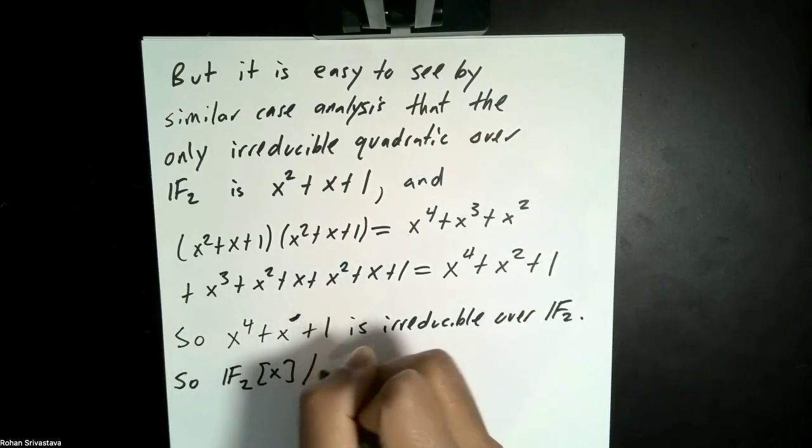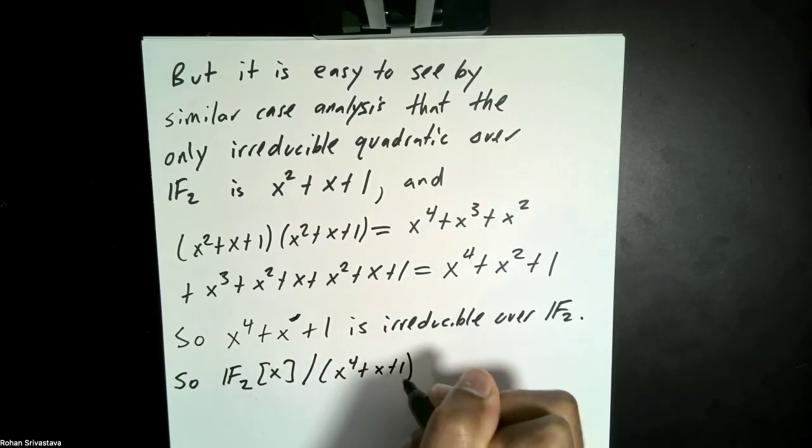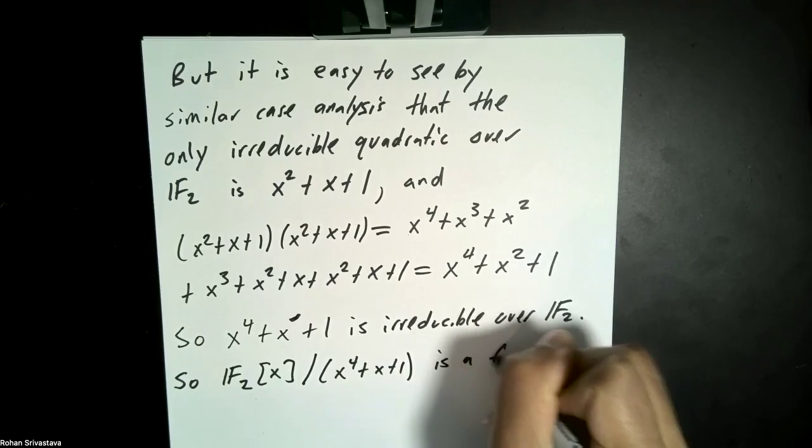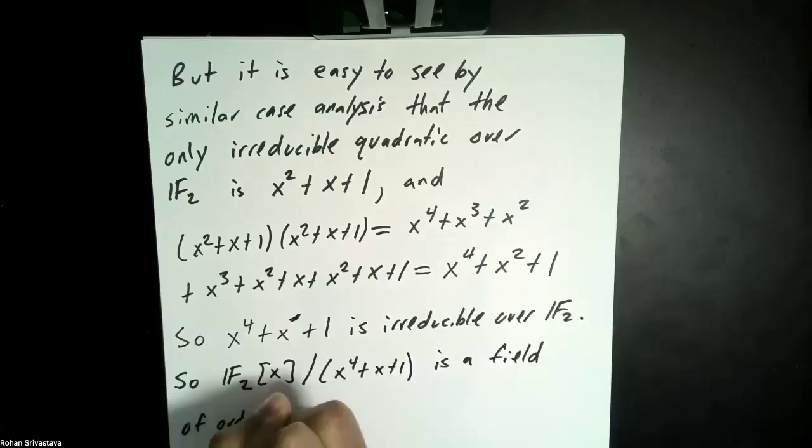So F2[x] modulo the ideal generated by this polynomial x to the fourth plus x plus 1 is a field of order 16.